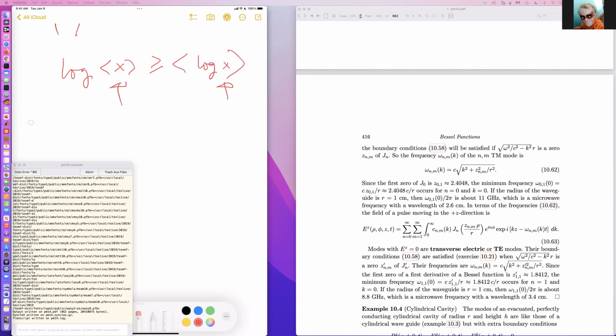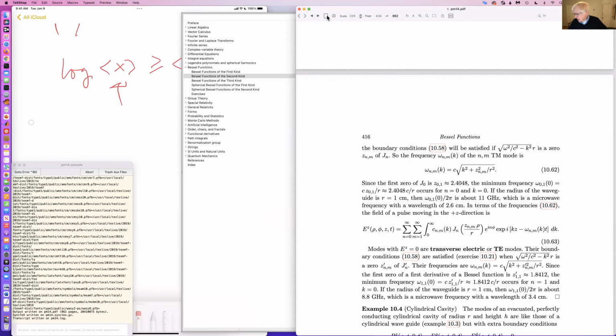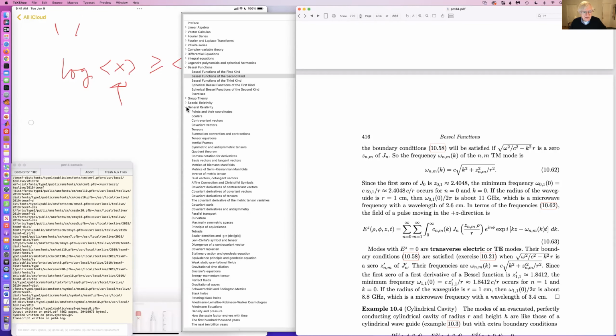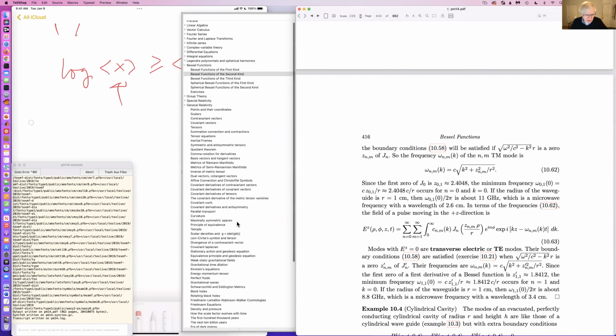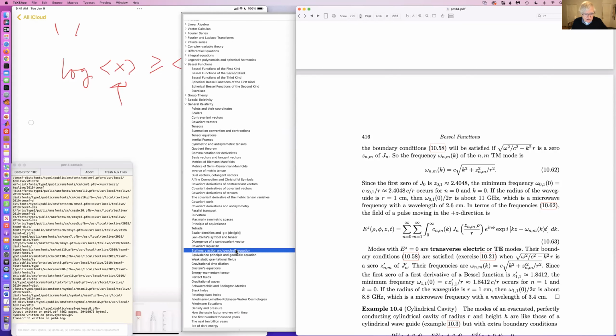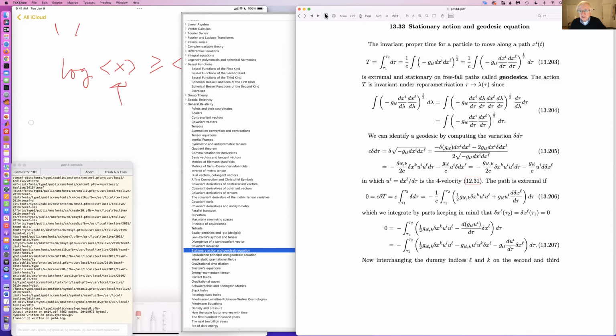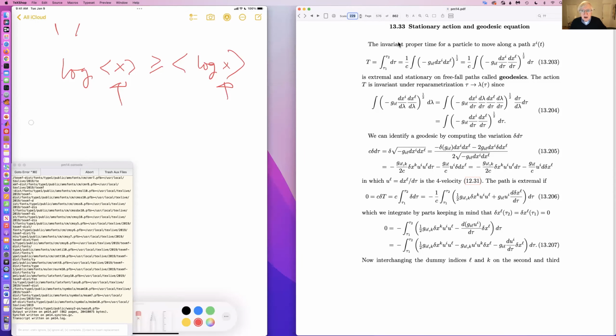In any event, let me see what I was going to do. Well, first, let me go back to the issue of that homework problem. So I need to go to general relativity, stationary action, and geodesic equation.